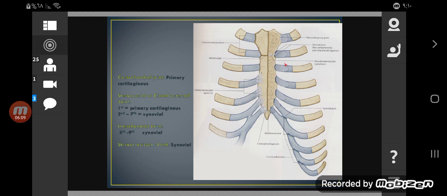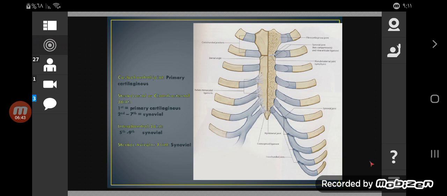We have a fibrous capsule around this joint, and another thing is the synovial membrane inside the joint. All right. And because of this, therefore, interchondral junctions or joints are synovial, as you see in this picture.